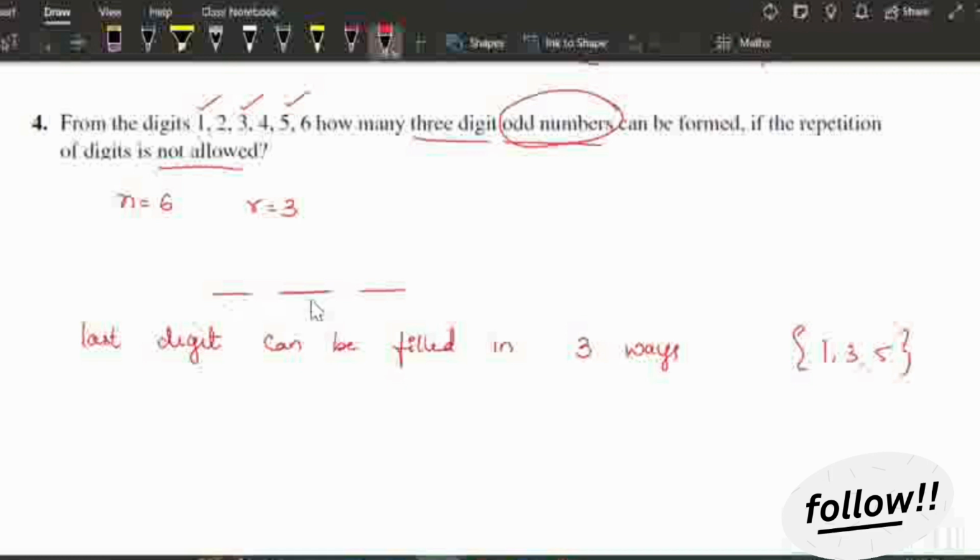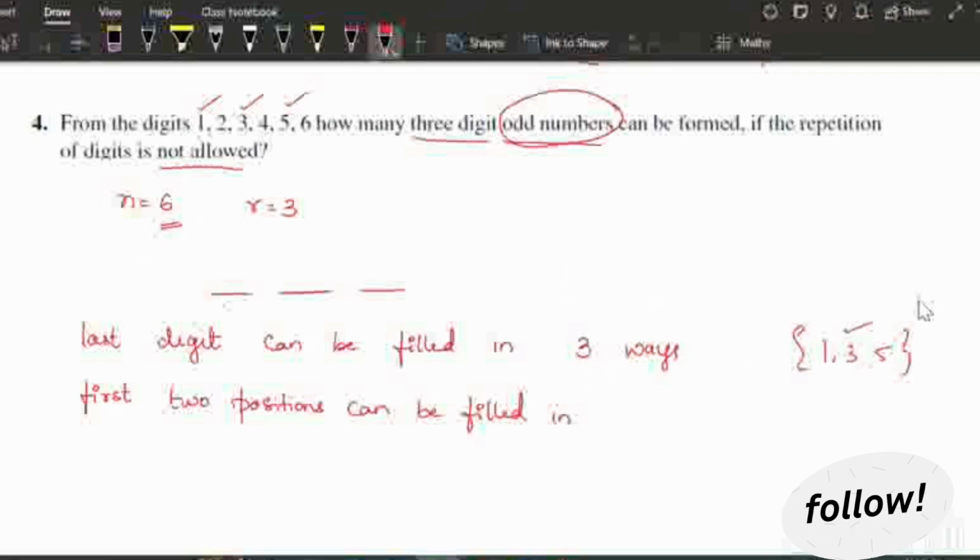And the remaining 2 positions can be odd or even, it doesn't matter. So the first 2 positions can be filled in... See, totally we have 6 numbers. In that, we have taken one of the numbers, say 1, 3, or 5, any one of them.